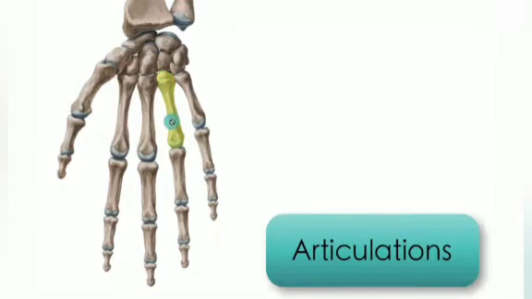But this fourth metacarpal also articulates with two other metacarpals. On the lateral side, it articulates with the third metacarpal, and on the medial side, with the fifth metacarpal. Going to a more distal portion, the head of the fourth metacarpal articulates with the corresponding fourth proximal phalanx.